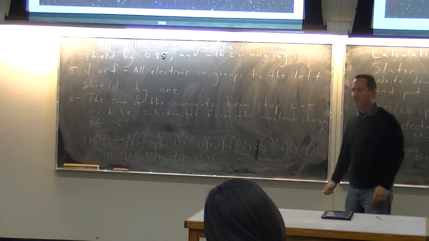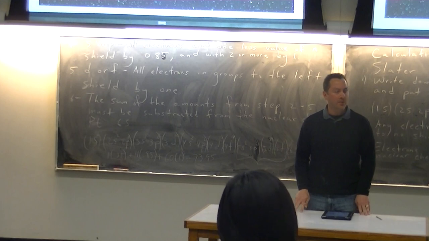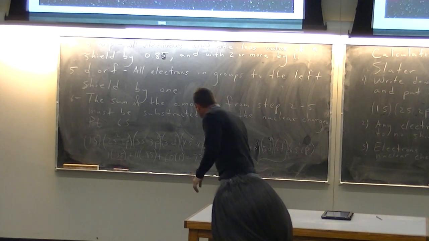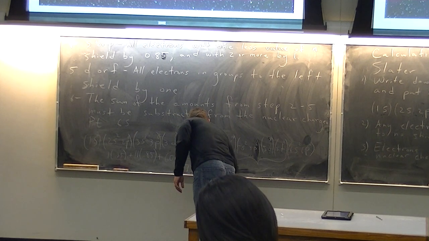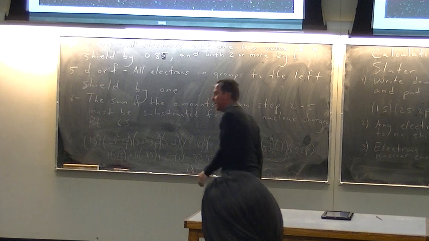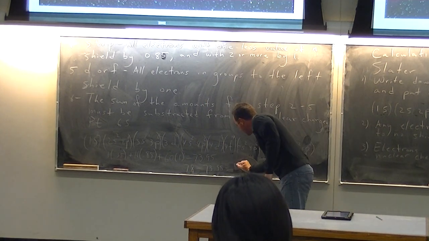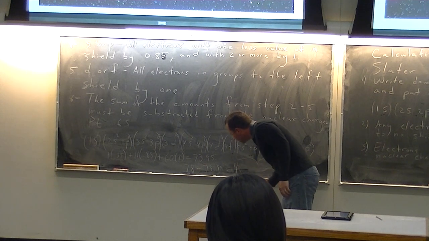And of course, that is not the effective nuclear charge, that's just the shielding parameter. So then you subtract it from the nuclear charge, which is 78, minus 73.95. And that gives you what? 4.05.